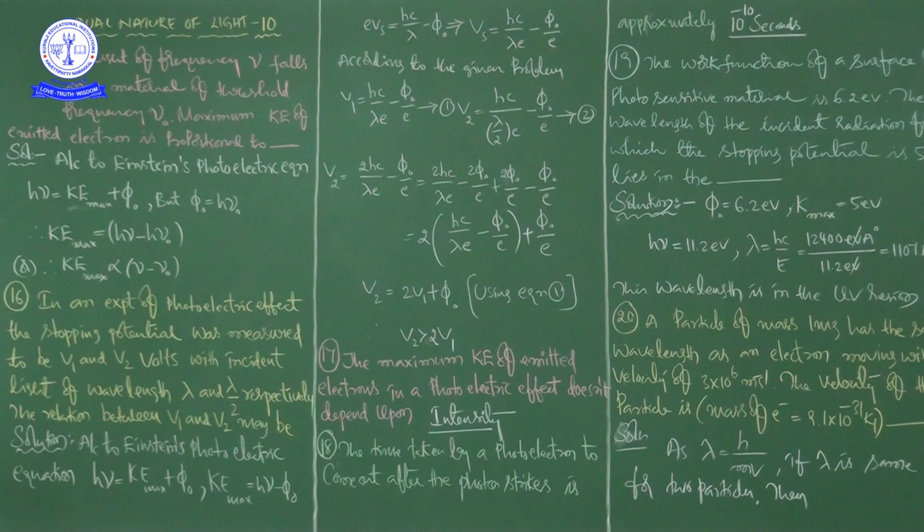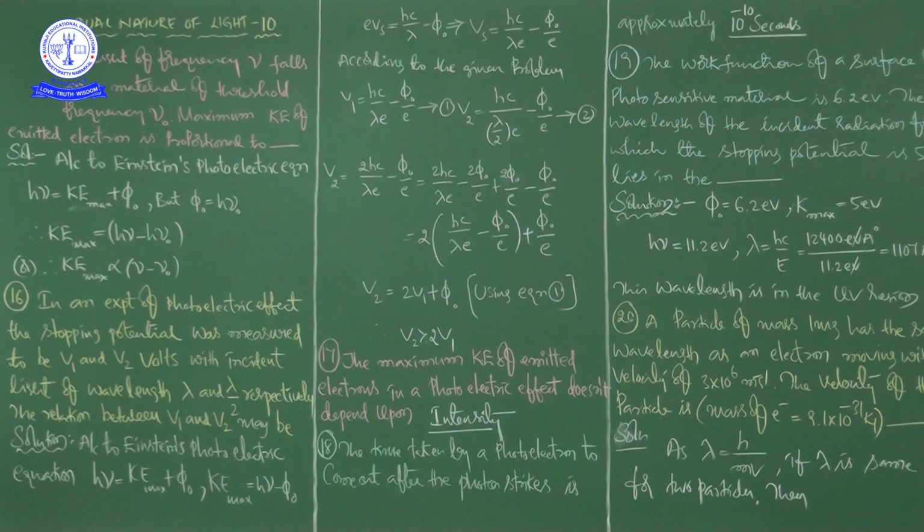The wavelength of the incident radiation for which the stopping potential is 5 volts lies in the... So you have to read the question, understand the question, and then write the given things: phi naught is equal to 6.2 electron volt, and K maximum is equal to 5 electron volt.